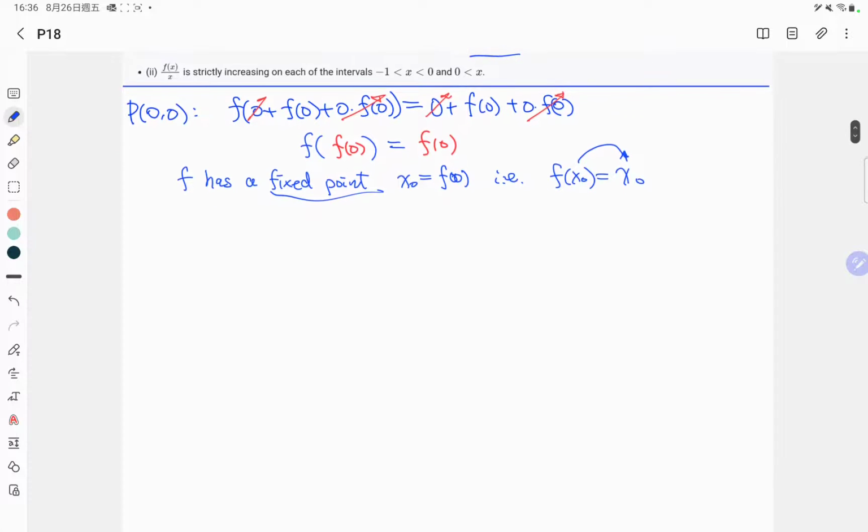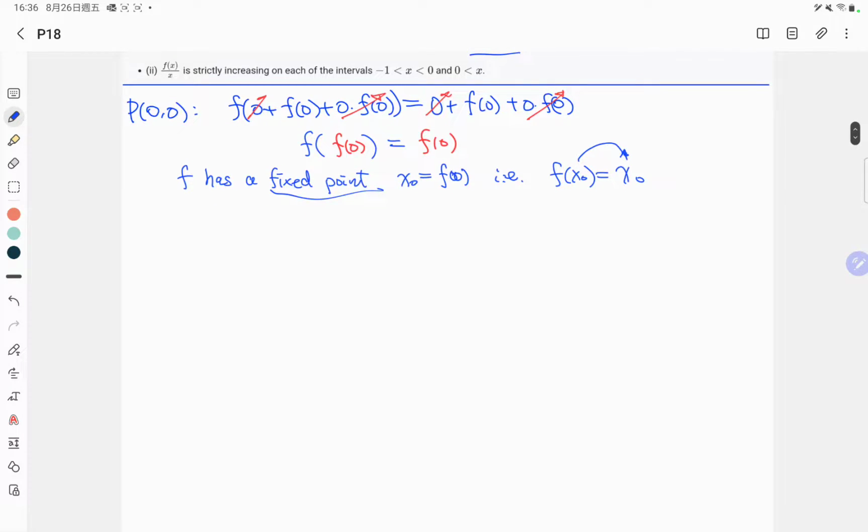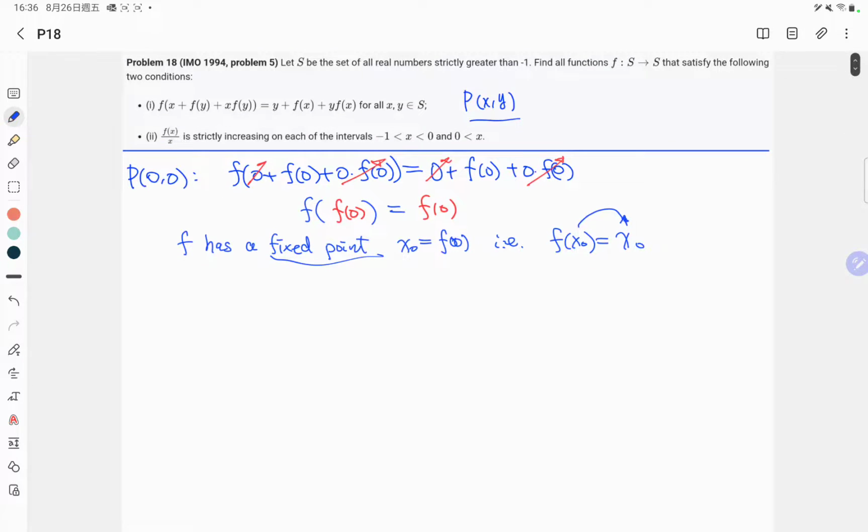Next, let's try to plug this x_0 into the original functional equation, which means we plug in P(x_0, x_0). Then we have f evaluated at x_0 plus f of x_0 plus x_0 times f of x_0 equals x_0 plus f of x_0 plus x_0 times f of x_0.